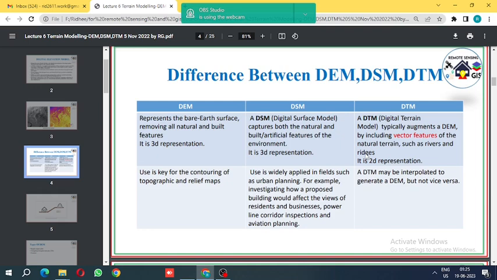Now the question may come: would it show the hill and mountain also in DEM? Of course, it will show the hill and mountain. What it won't represent is the tree on the mountain or tree on the land or the build-ups. But it will show the elevation of the earth surface.